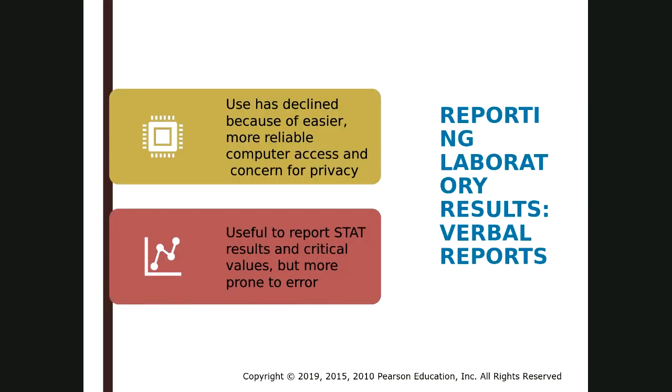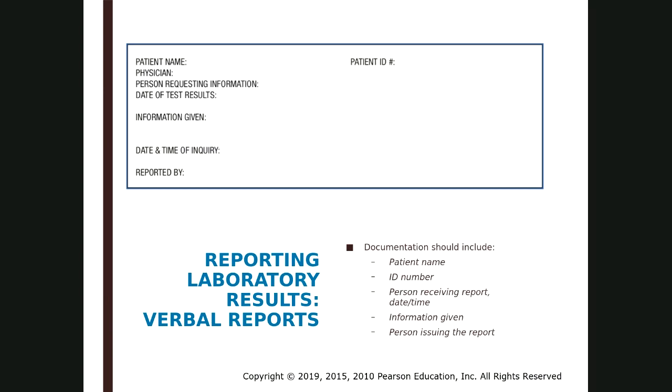So, reporting laboratory results: verbal reports. The use of verbal and telephone reports has declined because of easier, more reliable computer access and concern for privacy. Verbal reports, although useful for reporting stat results and critical values, are more prone to error because of miscommunication. So it is essential that when you're doing a verbal report, you fill in the required documents as shown in this image here.